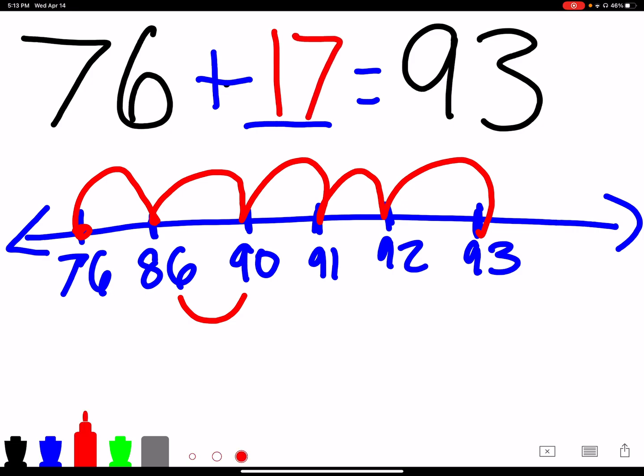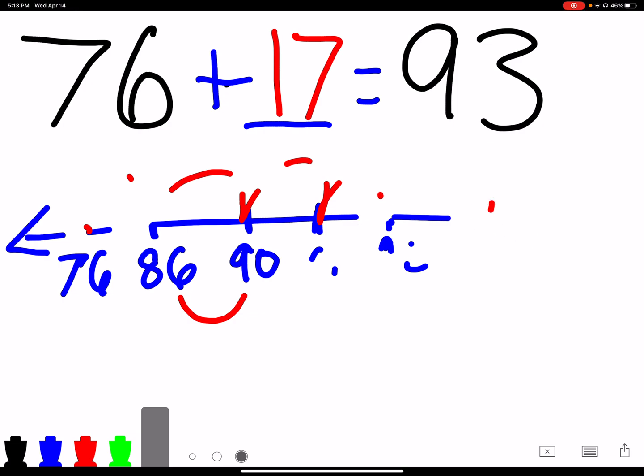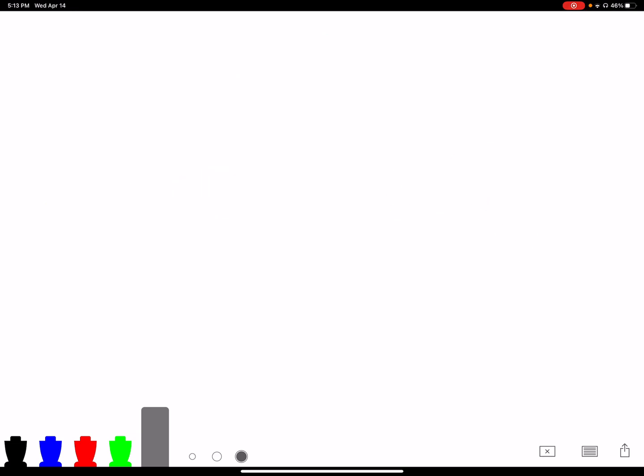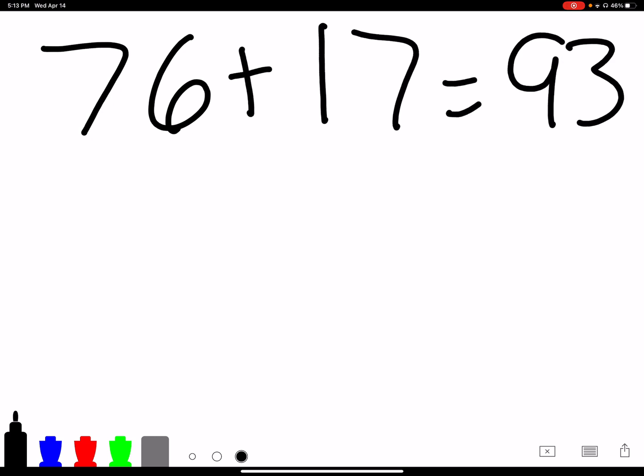There we go. And if you're like, oh, I don't know if I did that right, this is what you can do. We have 76 plus 17 equals 93. Okay, and you just solved it down the number line. If you're like, oh man, that was kind of difficult, what you could do is check it by adding them together.